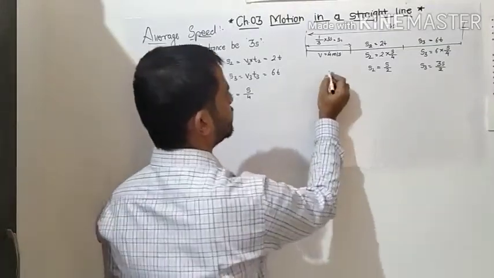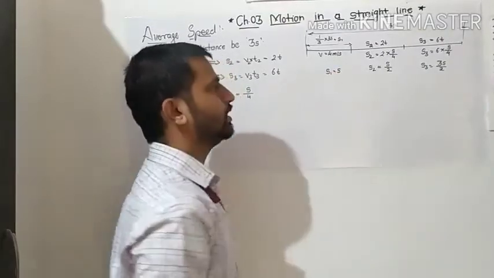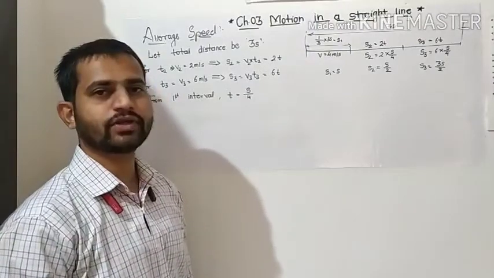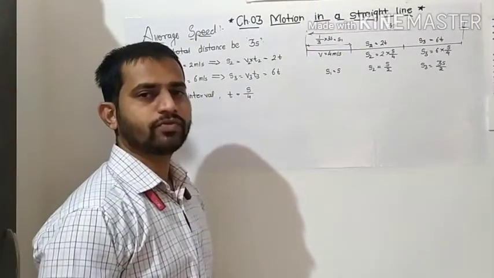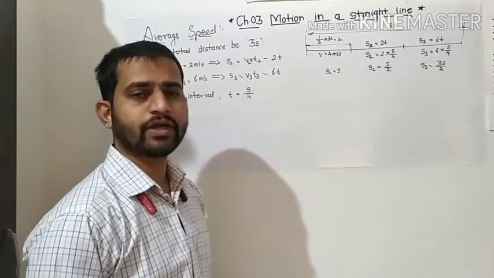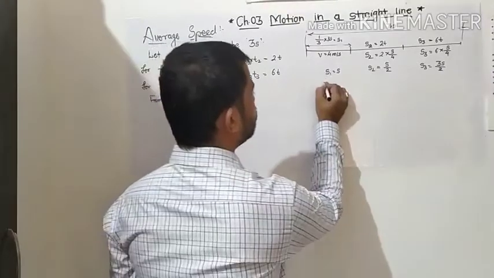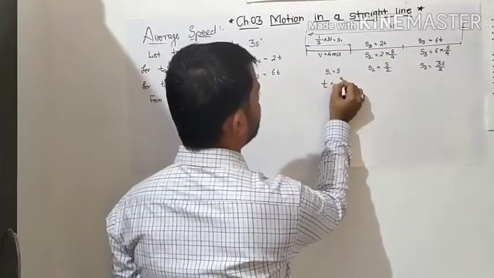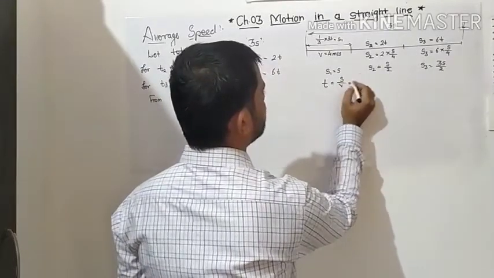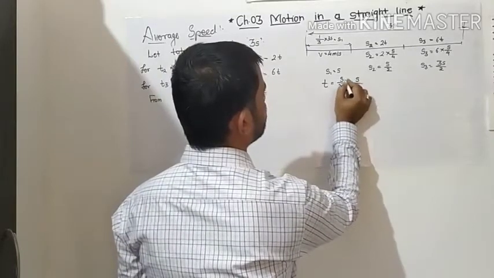Okay, now we have the value of the S1. How much is the S1? S1 is equal to s. Okay, S1 is equal to s, S2 is equal to s upon 2, S3 is equal to thrice s upon 2. So we have the values of the distances, and from these values we can go for the time interval t. So from the first equation we can solve t is equal to s upon v, that is S1 upon v.